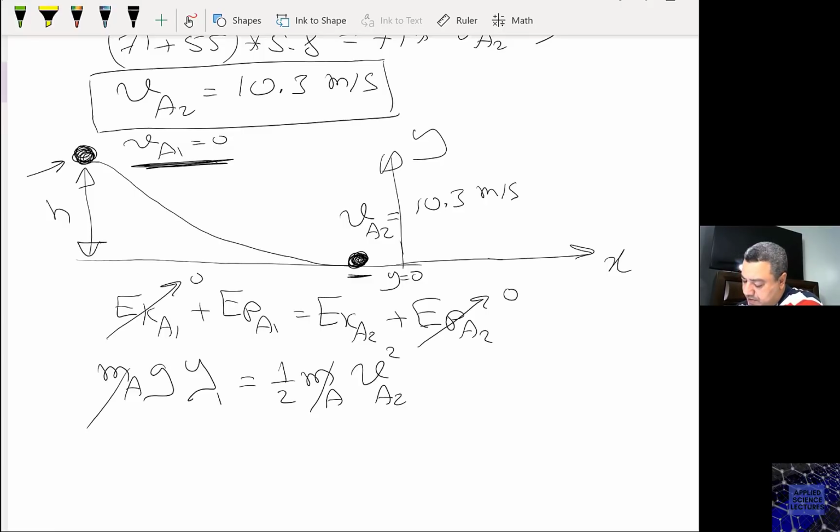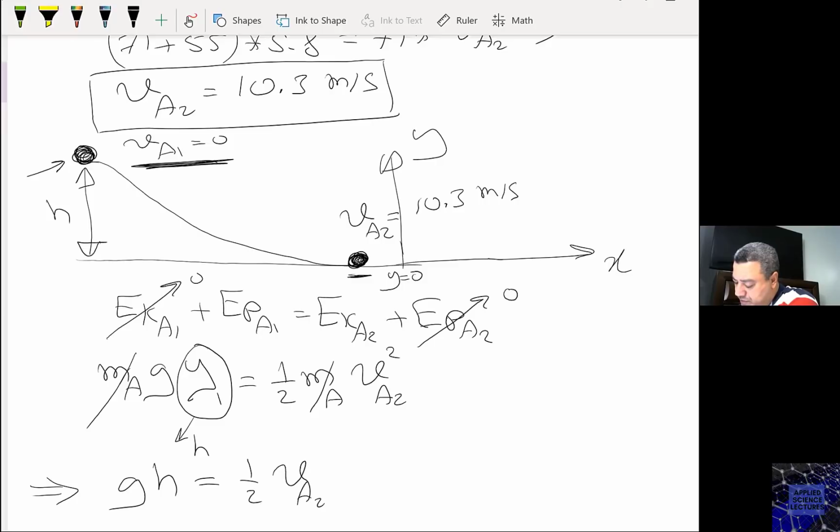MA is going to cancel. Y1 is the H that I am after. Then I have G H equals half VA2 squared. And H equals VA2 squared divided by 2G.